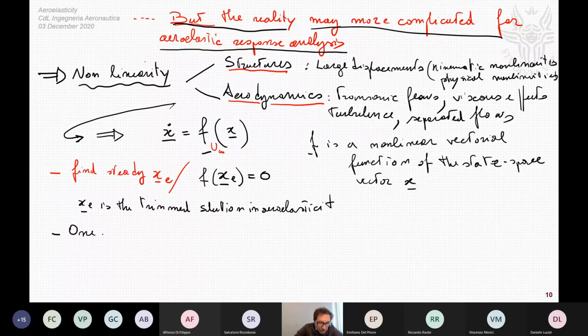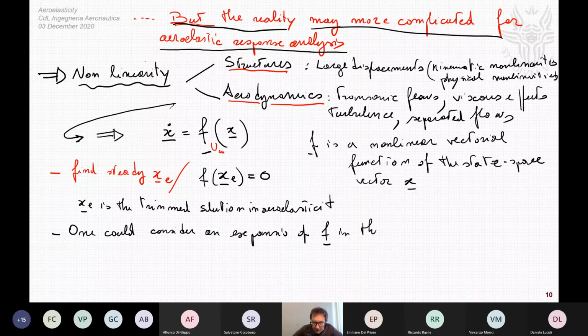One could consider an expansion of the f function, I'm talking about a Taylor expansion in the neighborhood of xe.